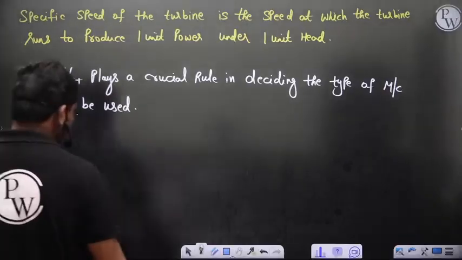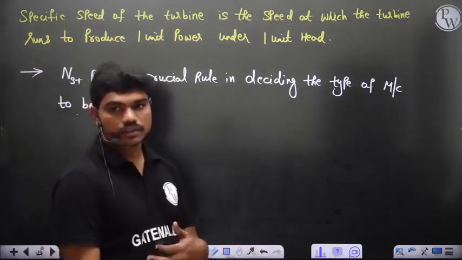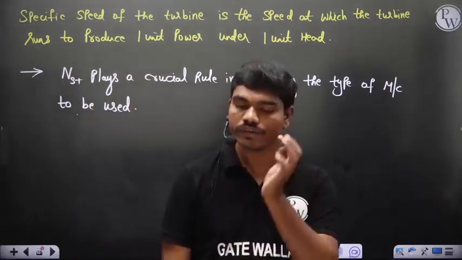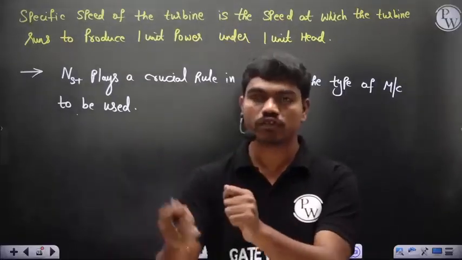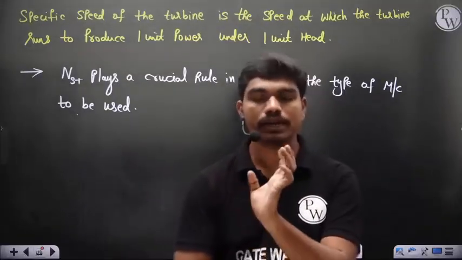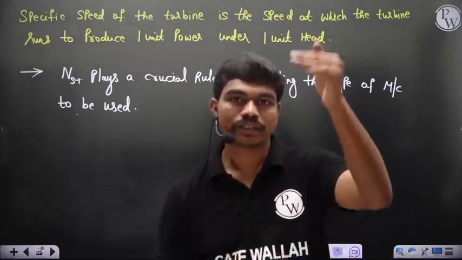Normally we'll also see that there are ranges for the value of NST to be chosen. If the value of NST is something, then we'll choose a class of machine from the available machines. Normally in the market, they have these NST based charts.